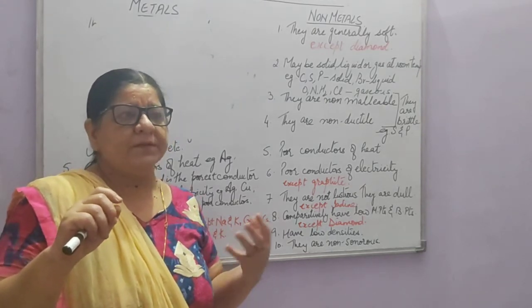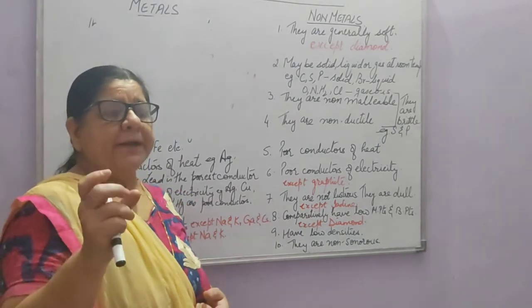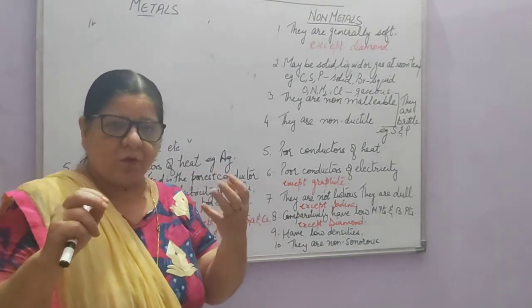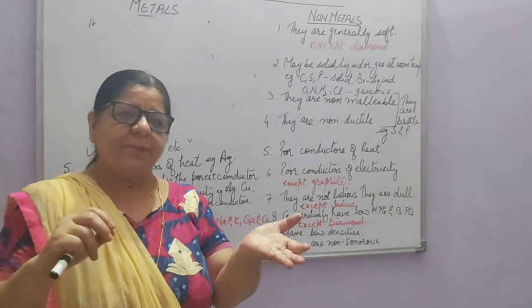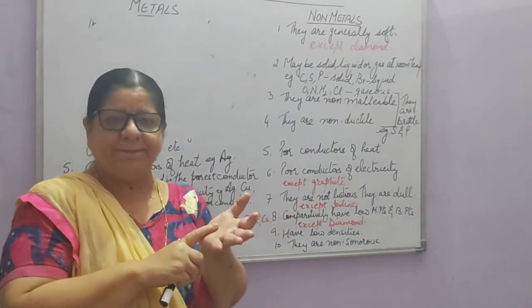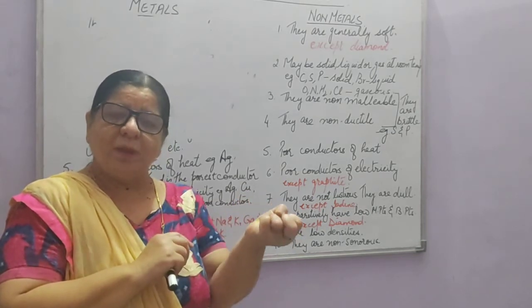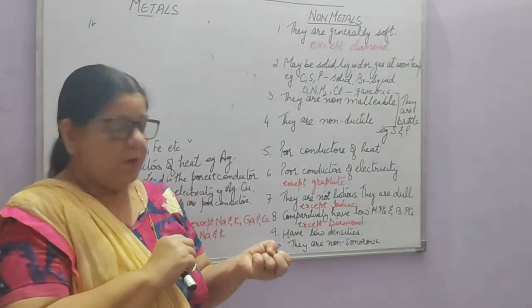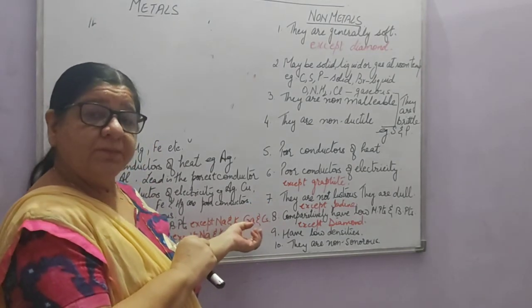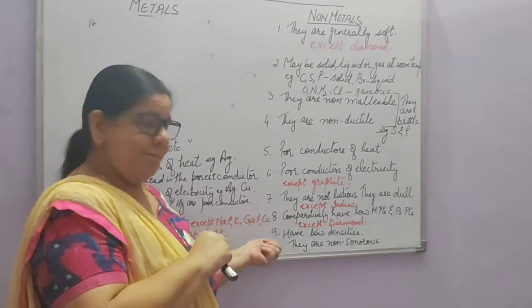Their melting point is hardly 30 degrees and 28 degrees Celsius respectively, and the melting point is so low that even if you put them on your hand, just by the heat of your body temperature, the metal will start melting. So gallium and cesium have very low melting point, and sodium and potassium too have low melting point.